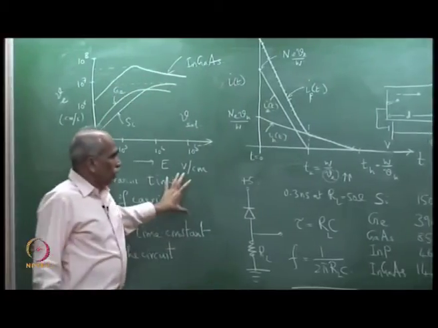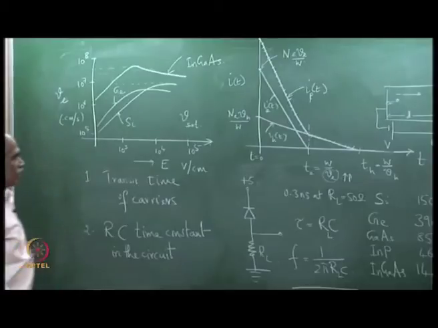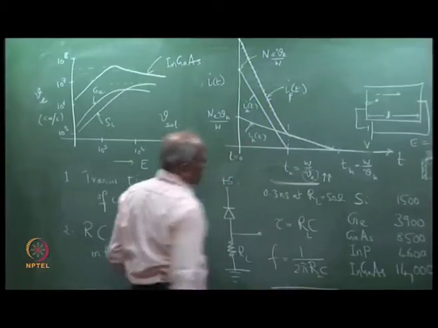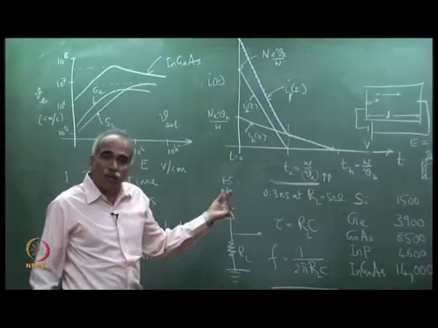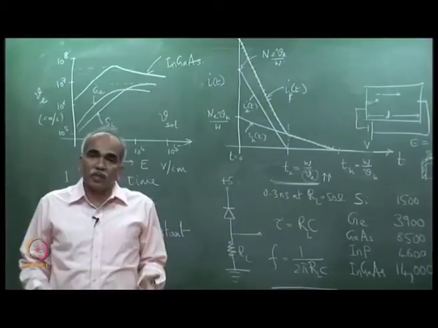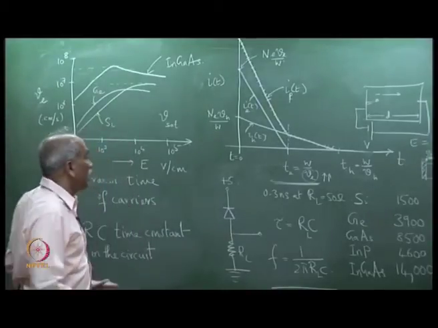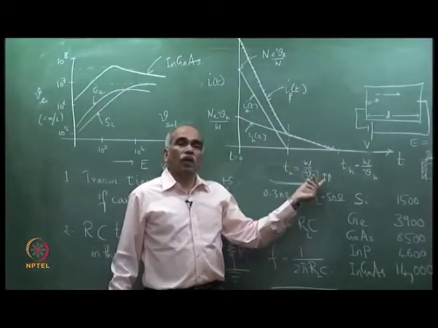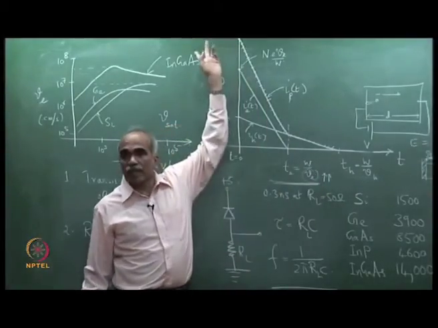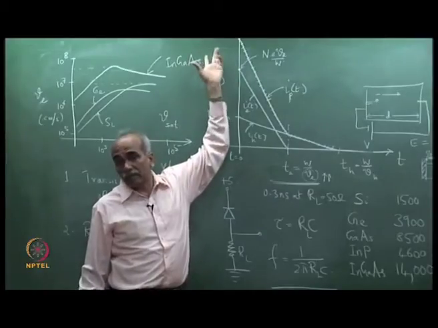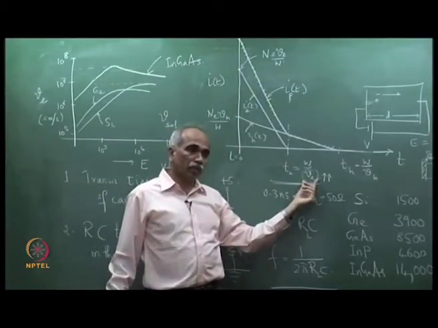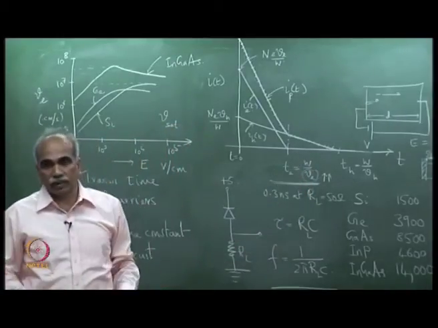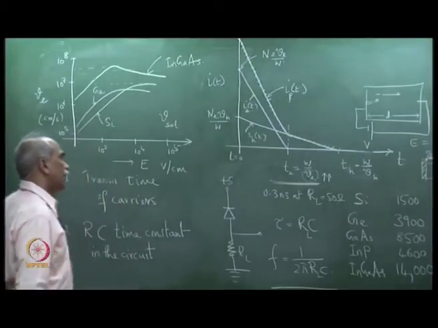So, to summarize this impulse response, with these discussions what we have seen is that the impulse response can be made very narrow, or the speed of response can be very high, if you operate with a velocity corresponding to the drift velocity, the saturation velocity. Apply an electric field corresponding to the saturation velocity and try to reduce the dimension of the detector, the dimension of the active area.